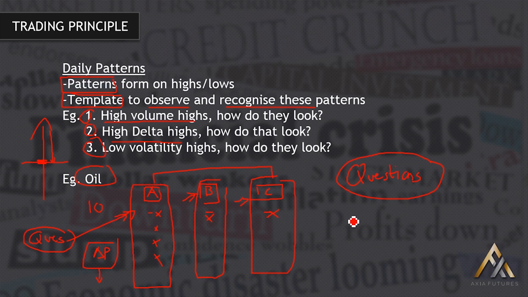But by answering questions, it forces you to think, it forces you to reflect, and ultimately it allows you to start to understand. You will understand how highs and lows are formed. Okay, so hopefully that answers your question. We determine how our highs and lows are formed simply by templating highs and lows over a period of time. Okay, let's look at an example now.